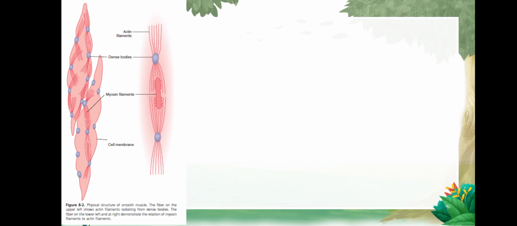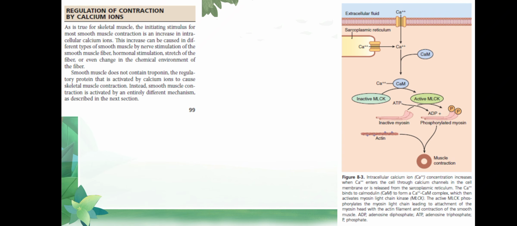This is the structure, and the myosin molecule is present in between, and the actin molecule is overlapped upon that molecule. So we will see the regulation of contraction of smooth muscle.